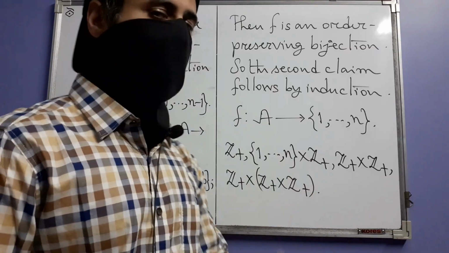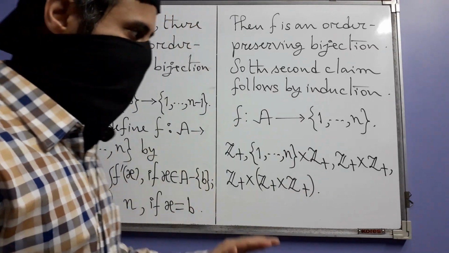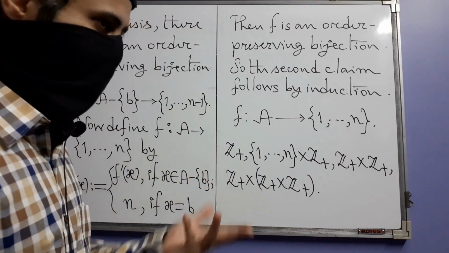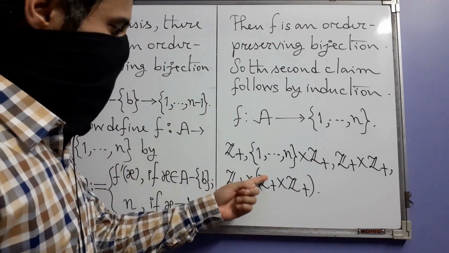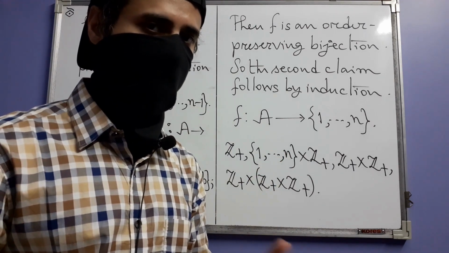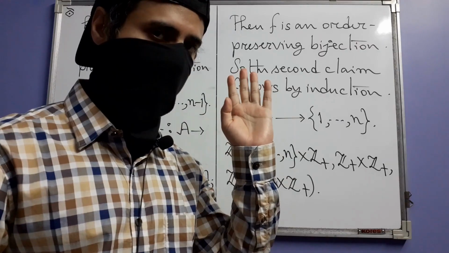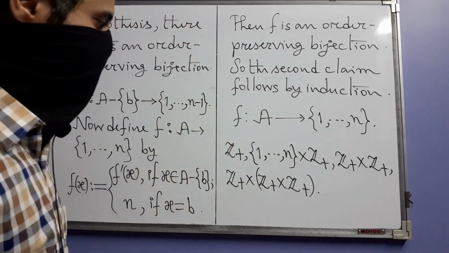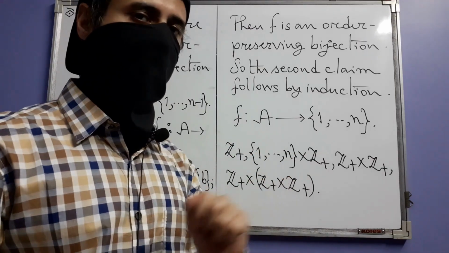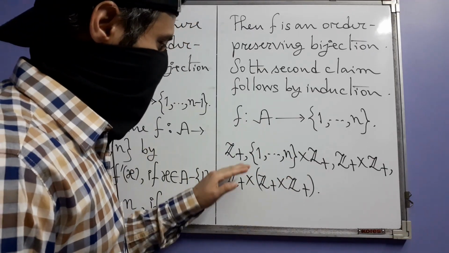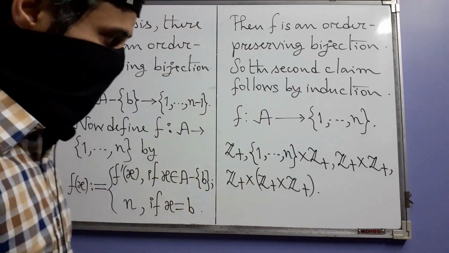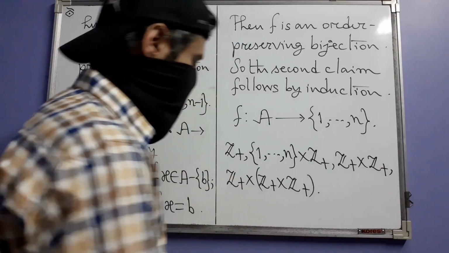These are all infinite sets and all of them are well ordered. In fact, Z plus is already well ordered, we know. The others are Cartesian products of well ordered sets, which are also well ordered in the dictionary order that we proved in the previous video. However, in spite of all of them being infinite and well ordered, they have all different order types. To see how, you can proceed like this.